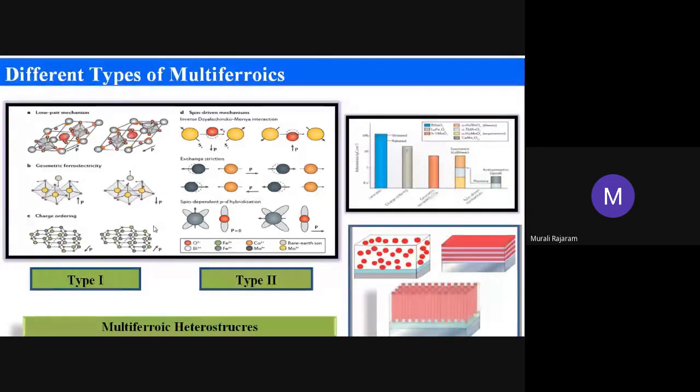So this class of materials is called type 1 multiferroic materials, and this group of materials is called type 2 multiferroic materials, where your electric polarization and magnetic polarization are related. One polarization affects the other. So that means around one transition temperature, for example a ferroelectric transition temperature, your magnetic polarization should get affected. That means your magnetic polarization should change at that temperature.